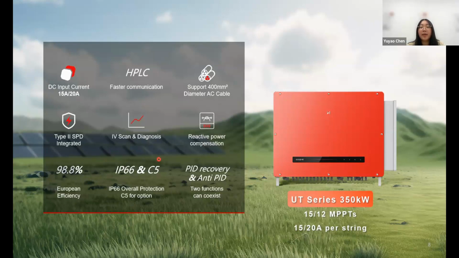If you want the PID function always on, during the daytime it does anti-PID and during the nighttime it does PID recovery, or you can enable just one of them, either during the daytime or during the night. So that's more flexible for the PID solution.